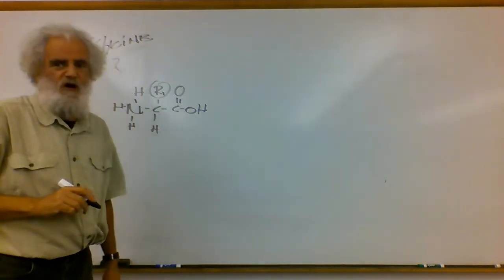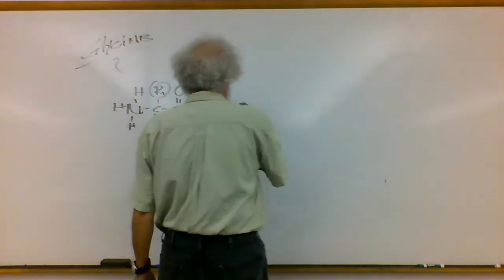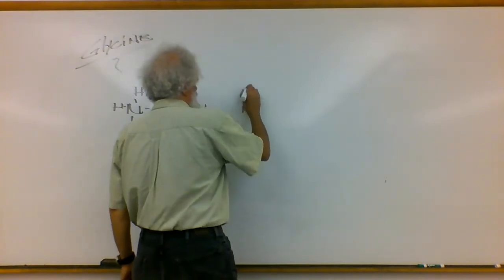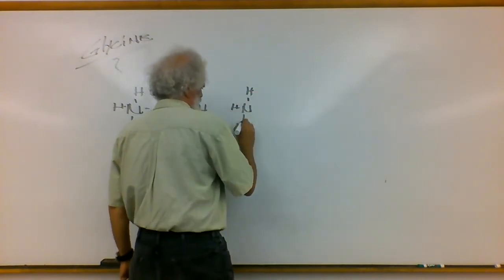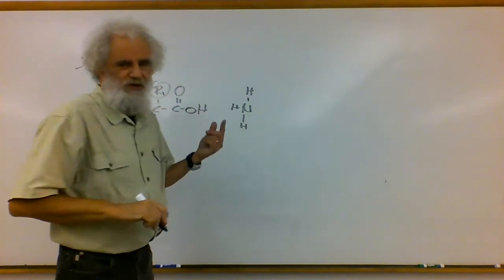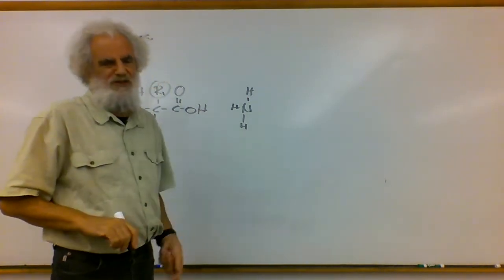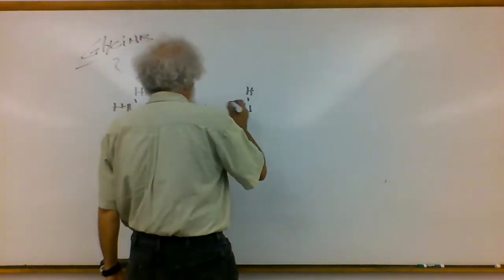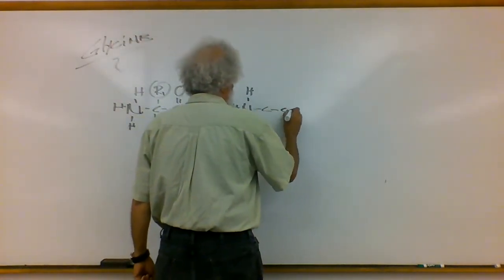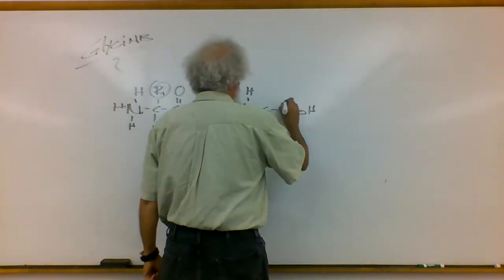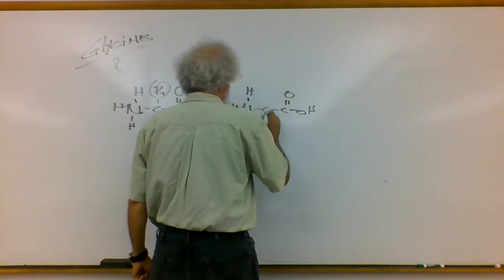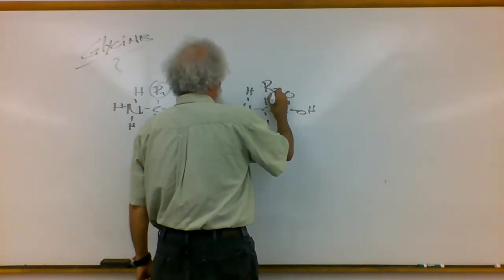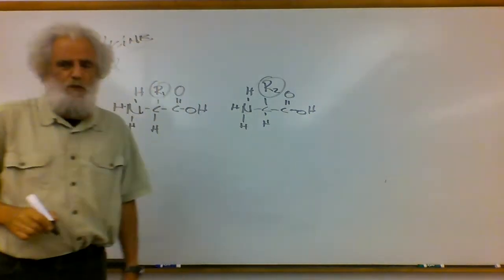Now, we're going to draw another amino acid over here. Depending on the book and what you're looking at, it can have 2 hydrogens or 3 hydrogens on the nitrogen. Nobody cares. It has to do with the pH of the solution. Double bond O, H, and R2.